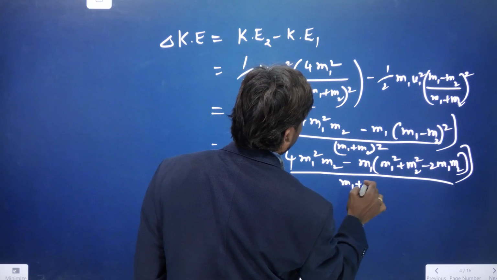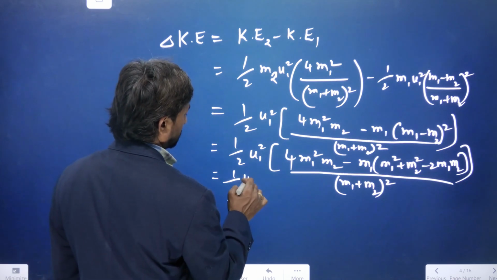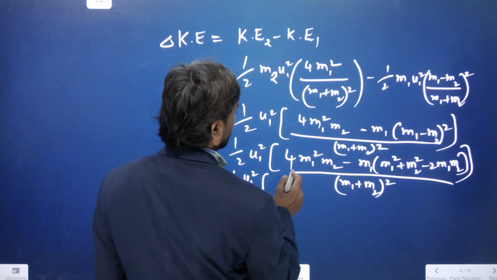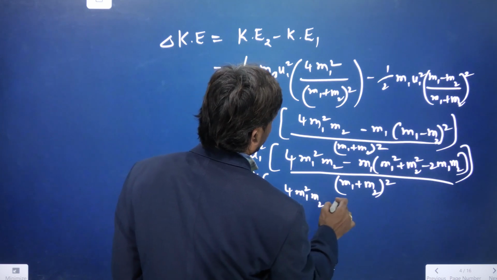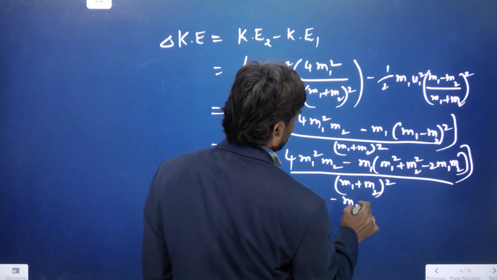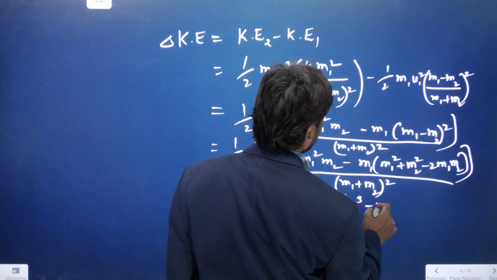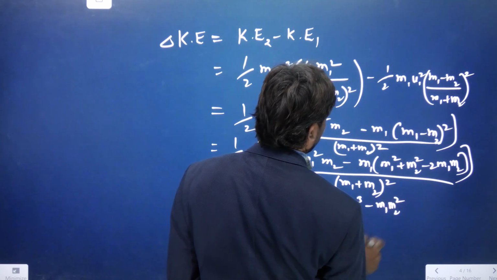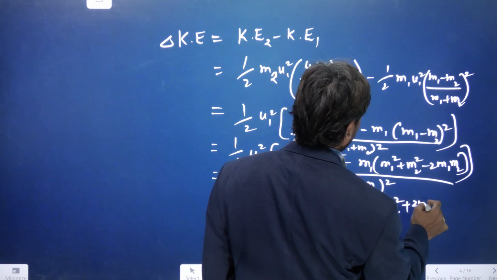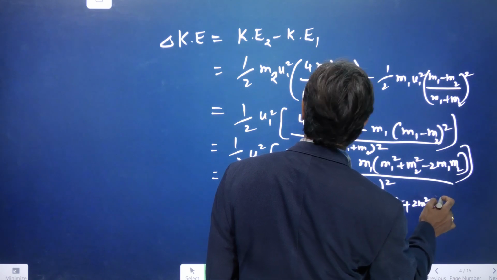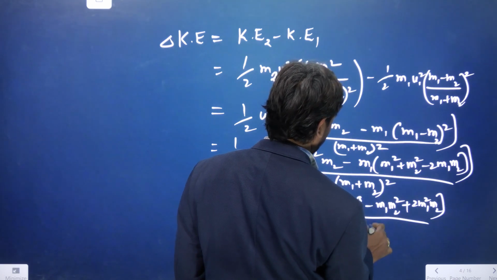So here we can write 2 into u1 square, and it will remain like that: 4 into m1 square m2 minus m1 cube, minus m1 m2 square, and minus and minus gives plus 2 into m1 square into m2, divided by m1 plus m2 whole square.